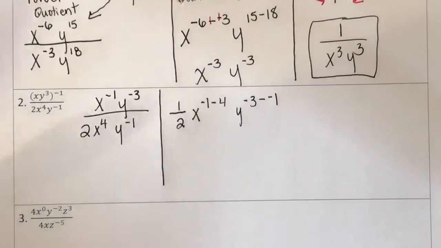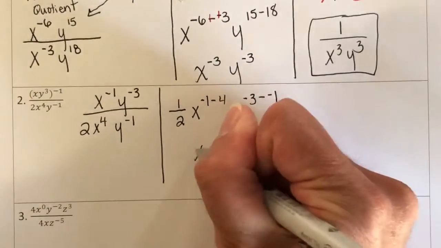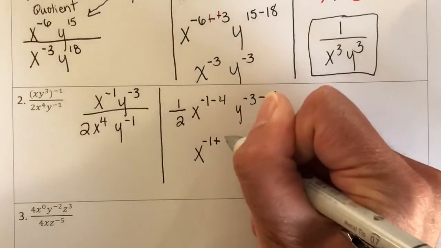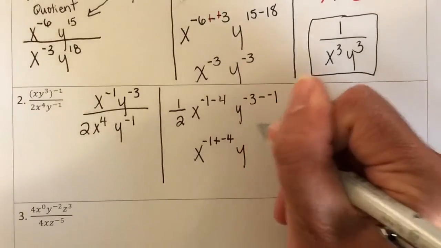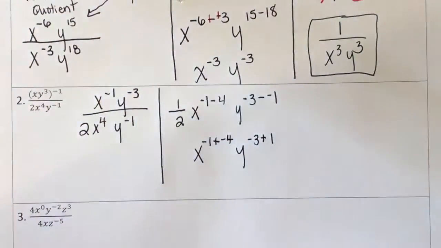So -1 minus 4 becomes x to the -1 plus a -4, and then -3 minus 1 becomes -3 plus a +1.